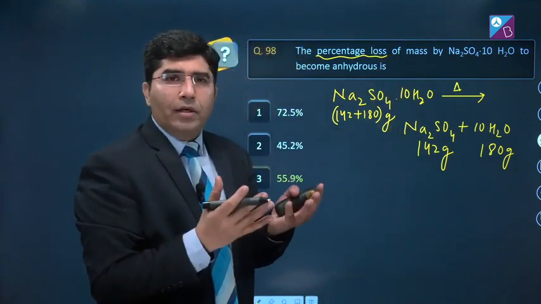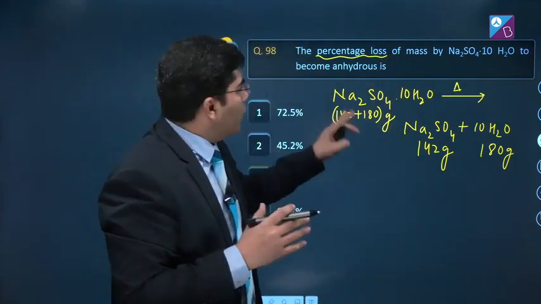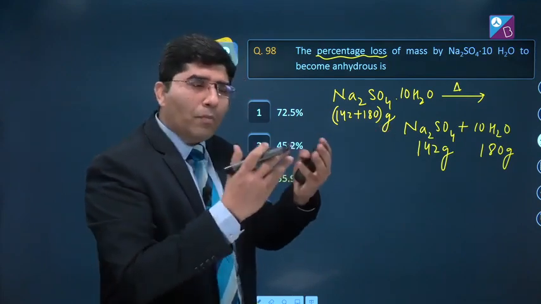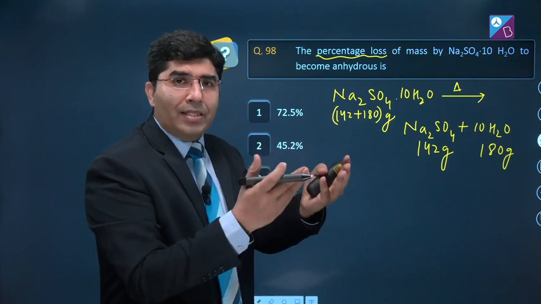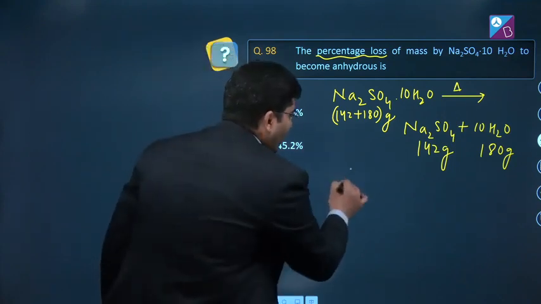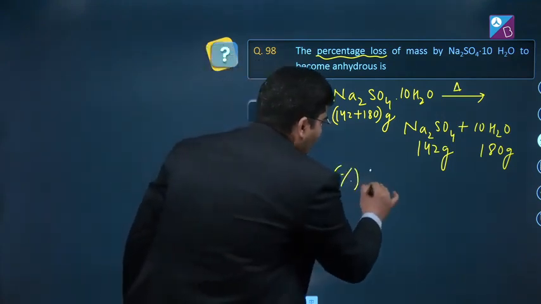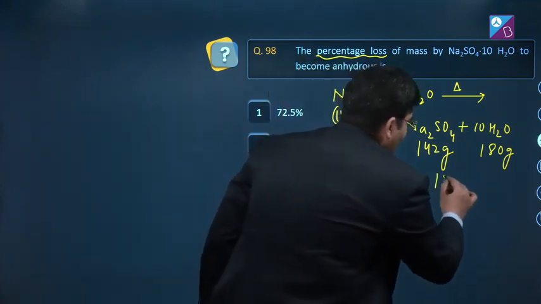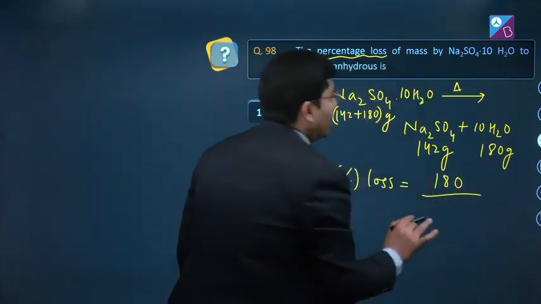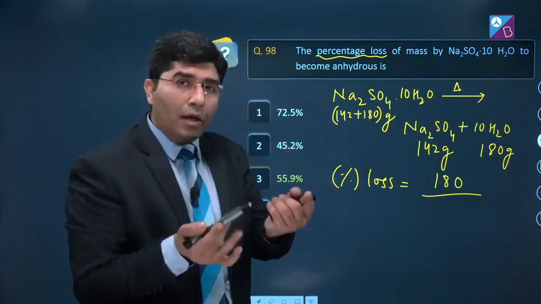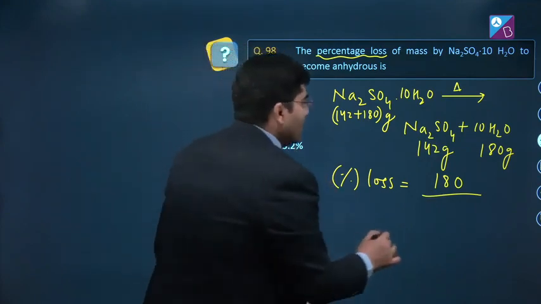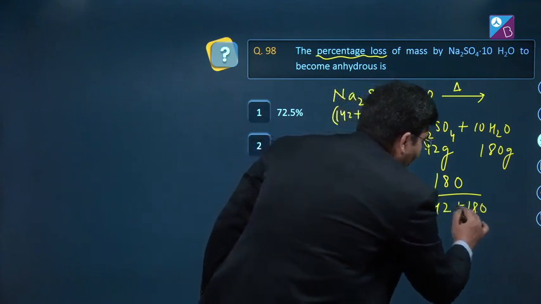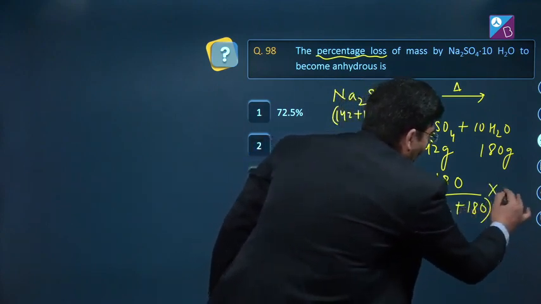Now, we have to find out the percentage loss. What we are losing means what this particular compound is losing. Water बाहर निकल रहा है इसमें से, अगर वाटर बाहर निकल रहा है तो हमें वो लॉस परसेंटेज निकालनी है। तो परसेंटेज लॉस जो होगा, कौन निकल गया बाहर, वाटर, कितना मास था 180 डिवाइडेड बाई कितने में से निकला, 142 प्लस 180 इतने में से निकला, into 100.